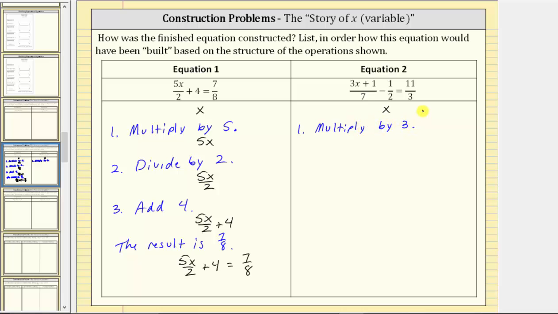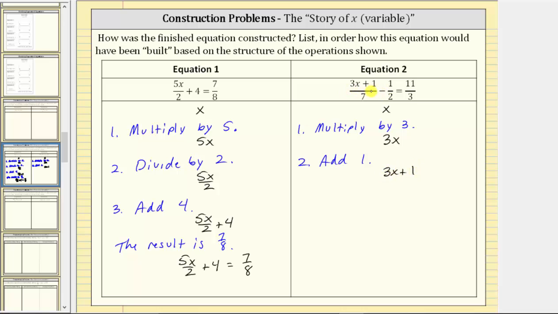Again, multiplying x by 3 is x times 3, which is equal to 3x. So this first step gives us the expression 3x. And then we have 3x plus 1, which means we add 1 to this product. Step 2 is add 1. If we add 1 to 3x, we have the expression 3x plus 1.